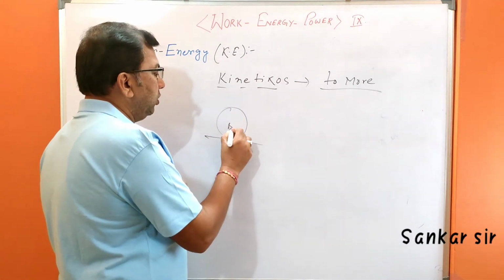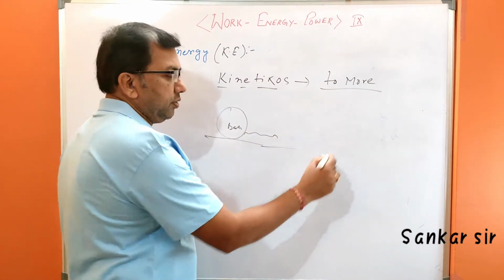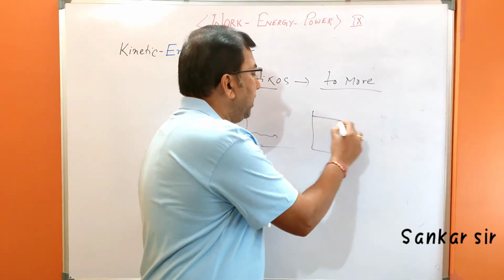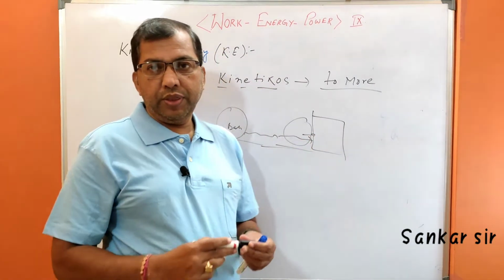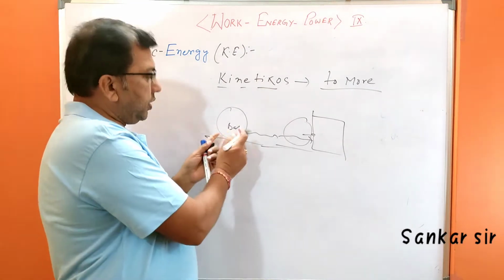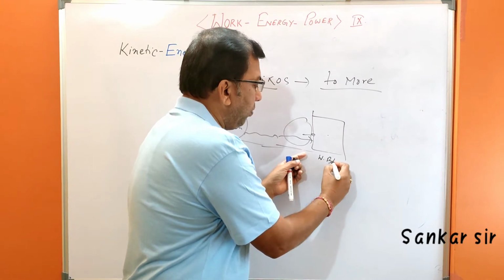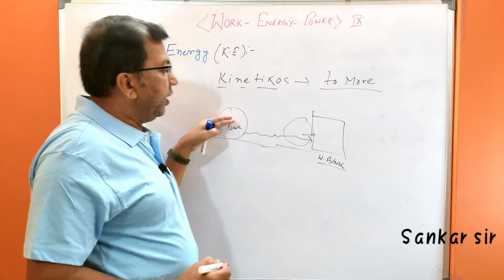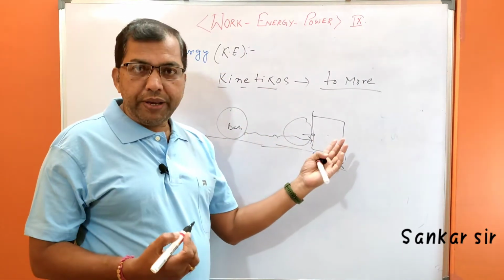When a moving object, say a ball, hits another stationary object, say a wooden block, what will happen?